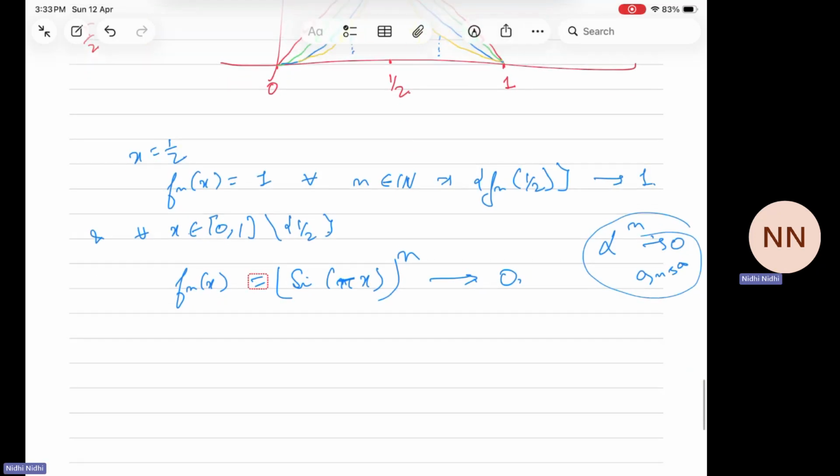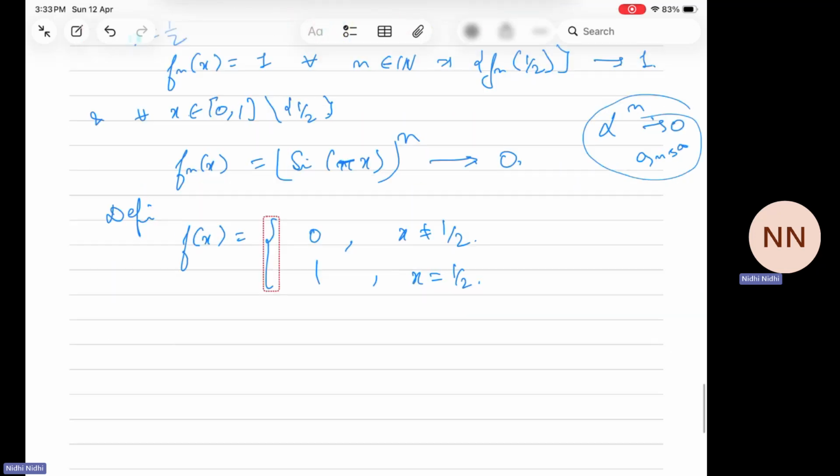So if we define the function f(x) to be 0 for x not equal to 1 by 2 and 1 at x equals 1 by 2, then f is the pointwise limit of the sequence. Fn(x) converges to f(x) pointwise.